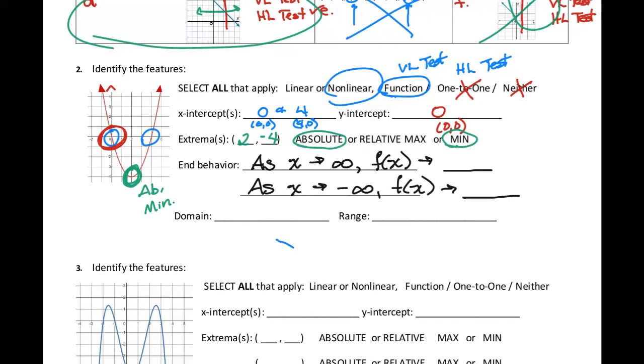All right, how are we doing? End behavior. As x approaches positive infinity, and we will give you this part that I have written here in black. I don't know why we don't put that, because it's a lot to remember when you're first learning it. But as the x is getting bigger, which means I'm going to the right, what's happening to my graph? It's approaching what? Positive infinity, yes.